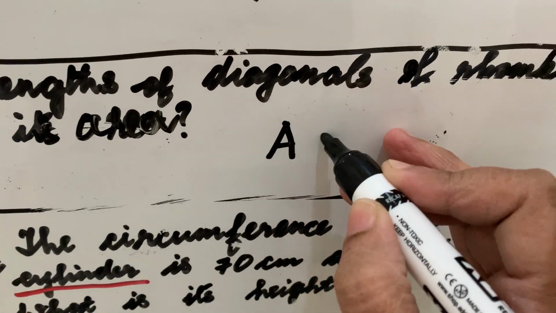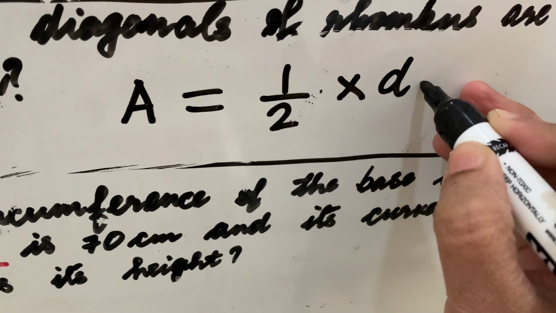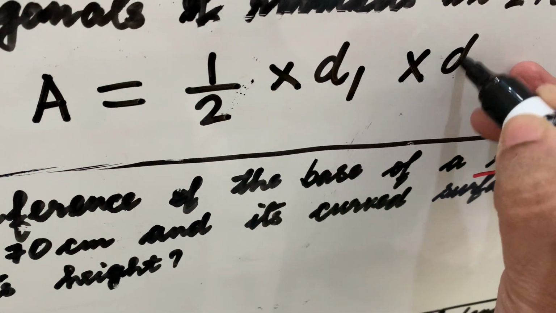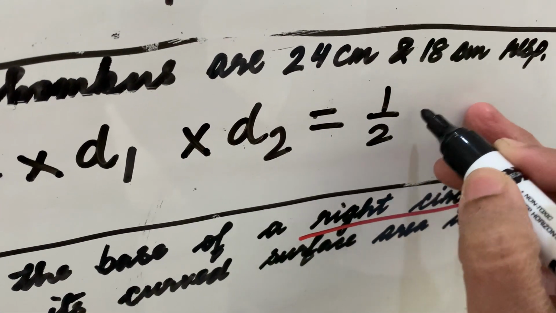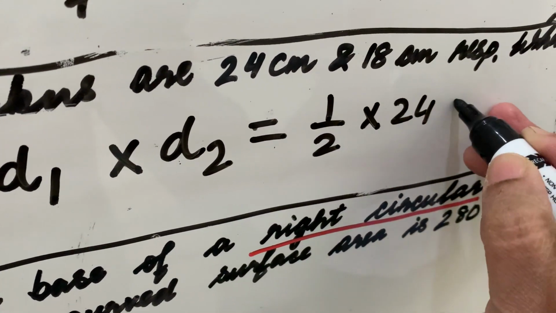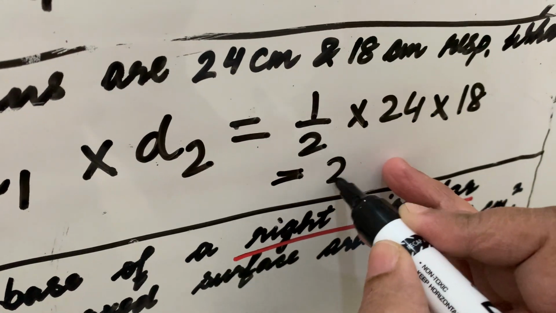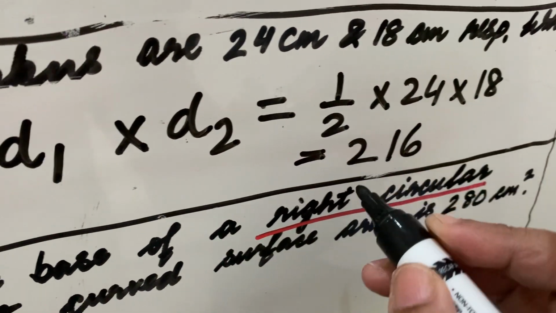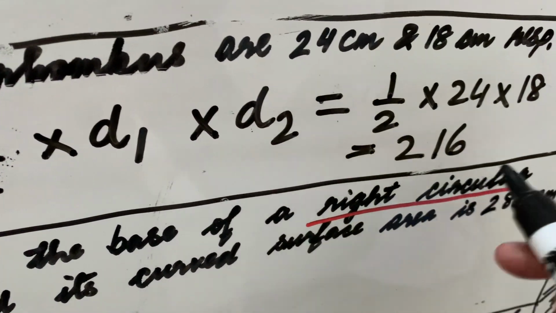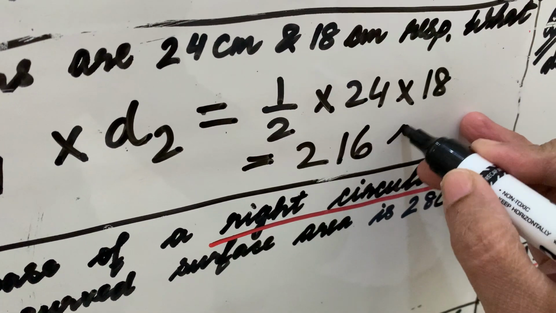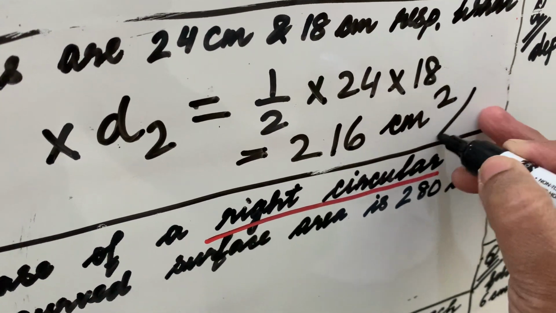So area is equal to half into 24 into 18. If you do the calculation, this will give you 216. What is the unit? d1 is in centimeter, d2 is in centimeter, so centimeter into centimeter is centimeter square.